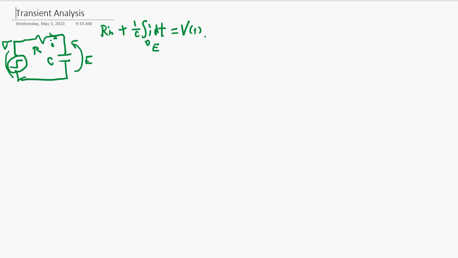Now, after the step function voltage is applied, it is constant, V0. So if you take a derivative on both sides, R di/dt plus 1 over C times I equals 0. This simple differential equation we can directly solve.